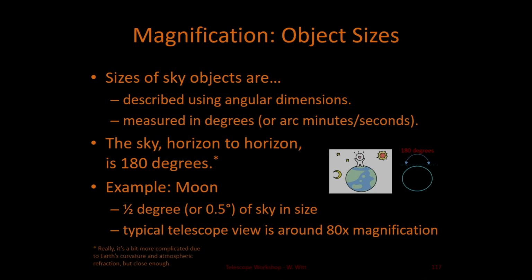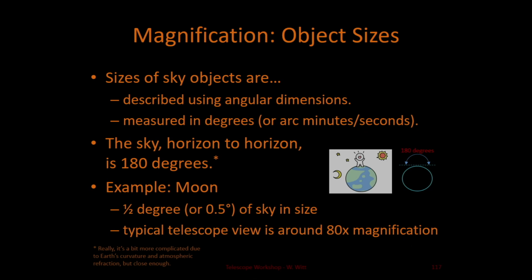And so we can chop up that 180 degrees into smaller pieces, like 179 degrees, or minutes or seconds, which are fractions of a degree. Then when we're looking up at the night sky, we can say something takes up this much, say 3 degrees, or whatever it is. For example, the moon is about half a degree of sky in size.